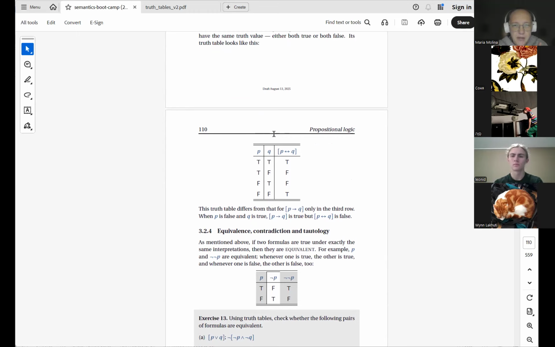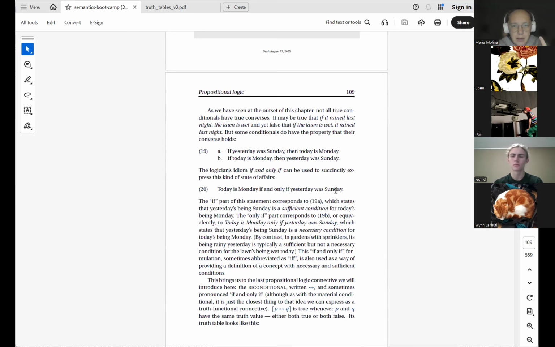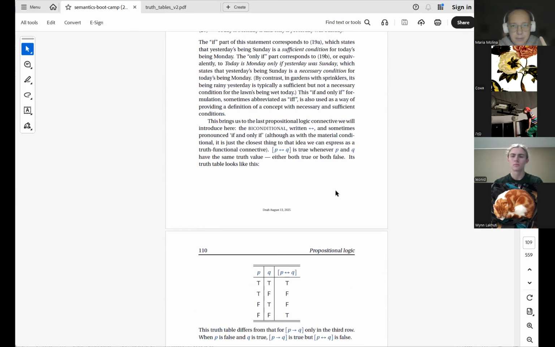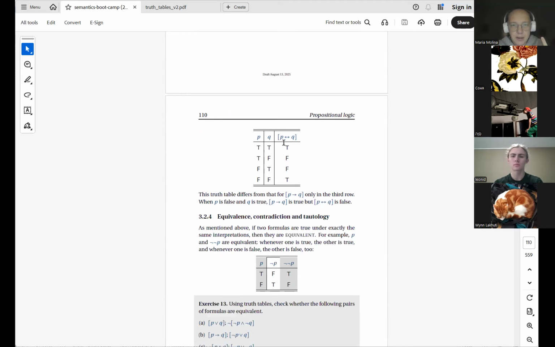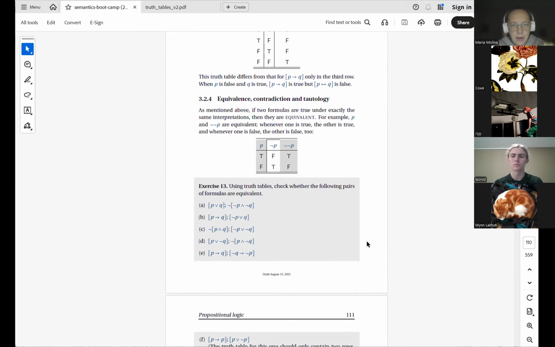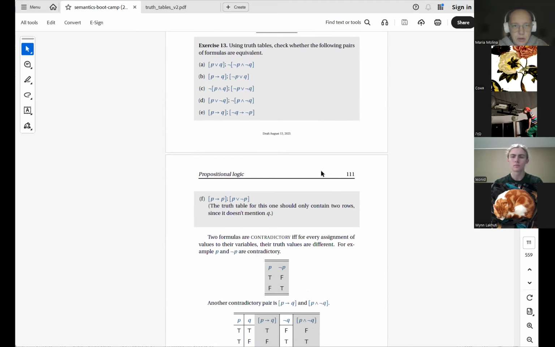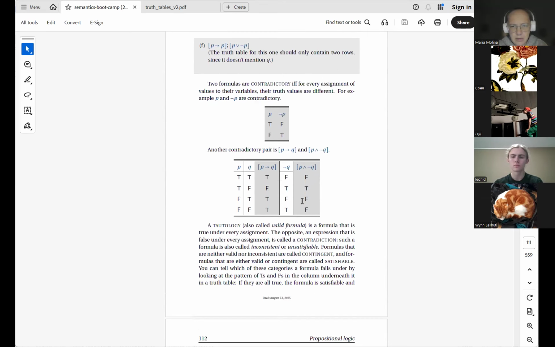Right. Okay. I guess we discussed this truth table, right? If we have this if and only if thing, we discussed equivalence, contradiction, and tautology. Is that correct? Just remind me.